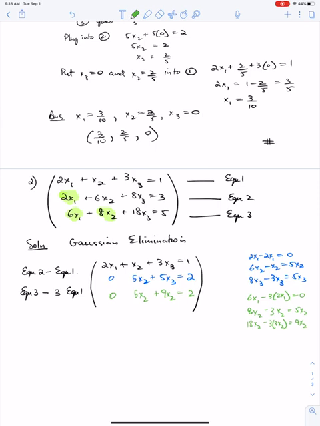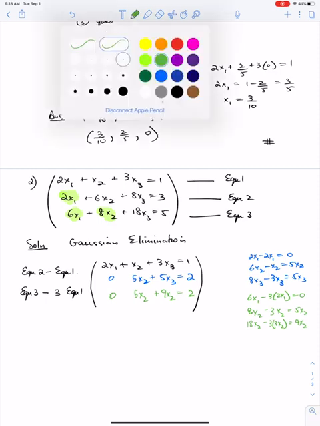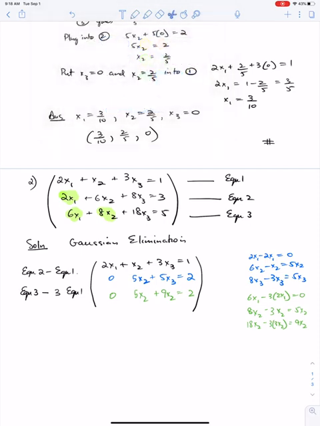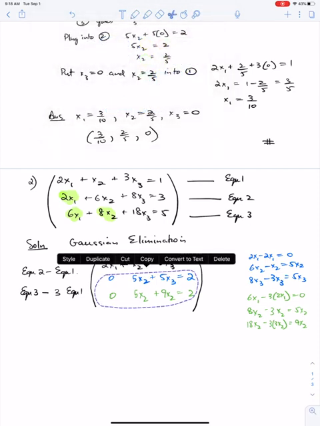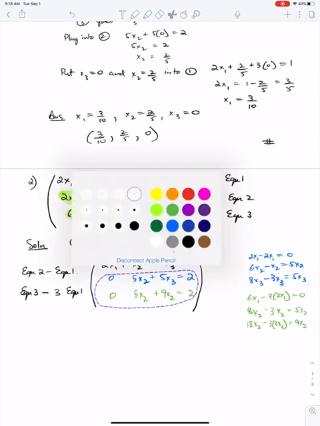Now, this system is equivalent to the original system here. That's a bold statement that needs explanation, and the explanation will come later. Just make sure you know the dynamics of the Gaussian elimination algorithm.